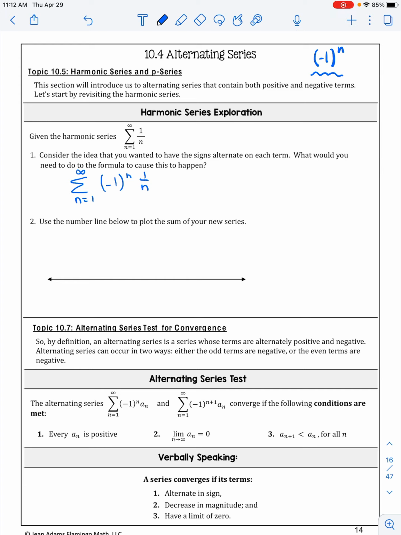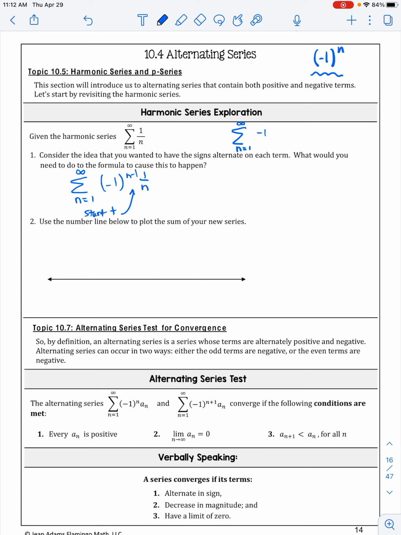And then if my n is 1, let's say I wanted it to start with a positive. So you might have to make this -1 to the n minus 1, right? Because if you put a 1 in, then this would be -1 to the 0 power.